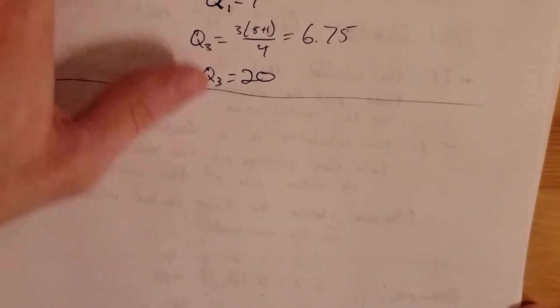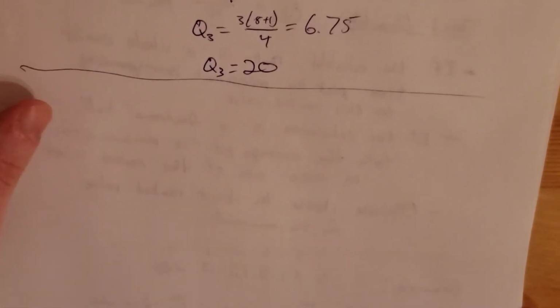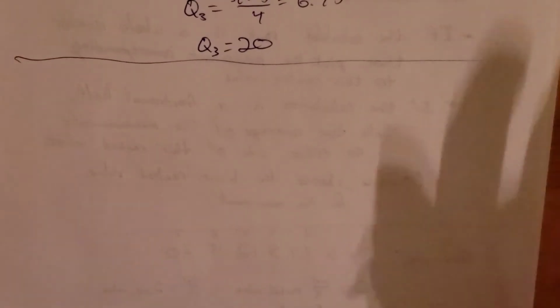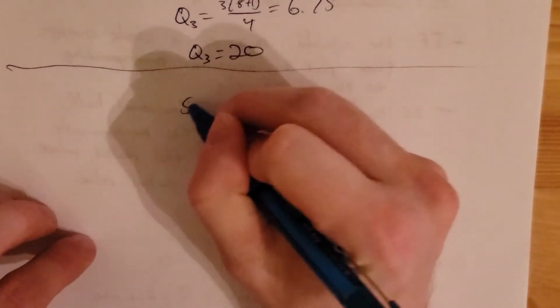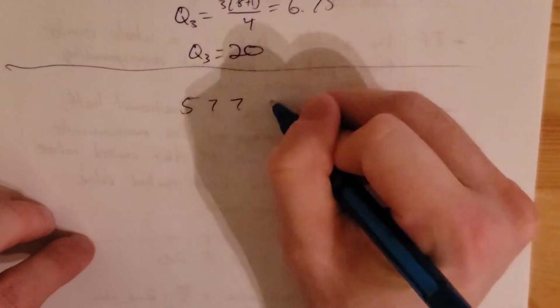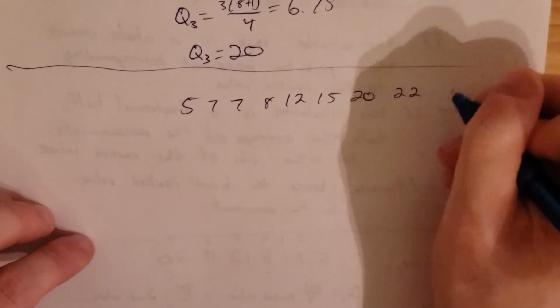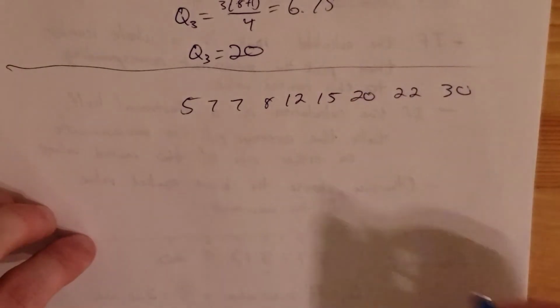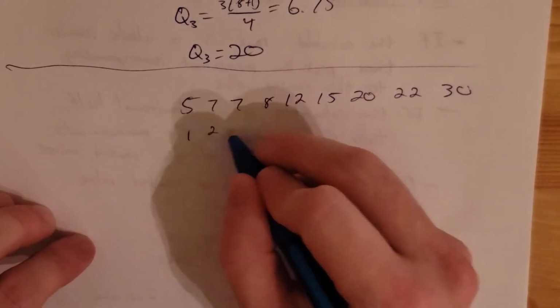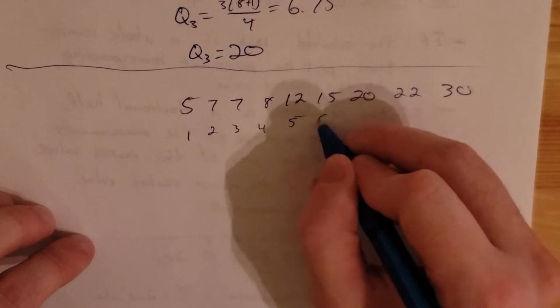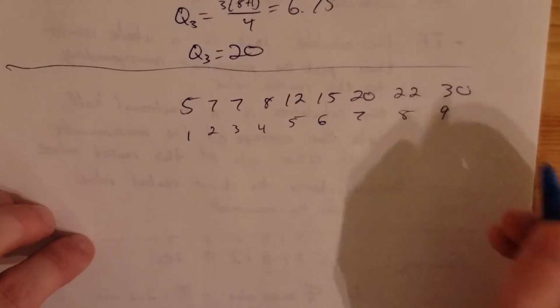What if we have a similar data set? Let's just add one more. So 5, 7, 7, 8, 12, 15, 20, 22, 30. Why not? Well, we have our first point, second, third, fourth, fifth, sixth, seventh, eighth, and ninth.